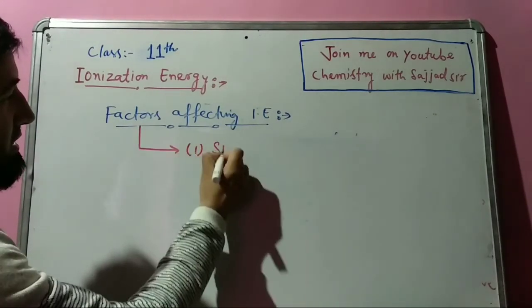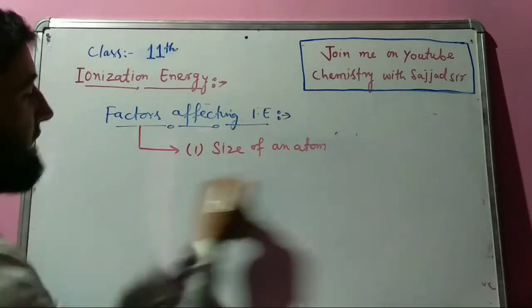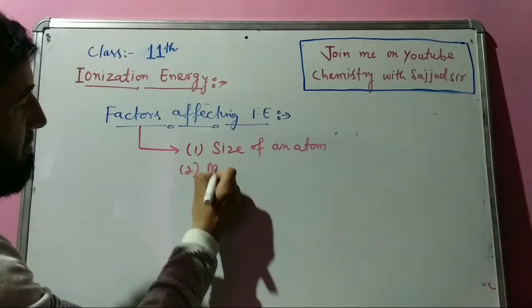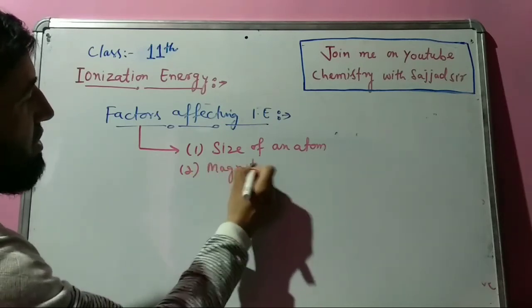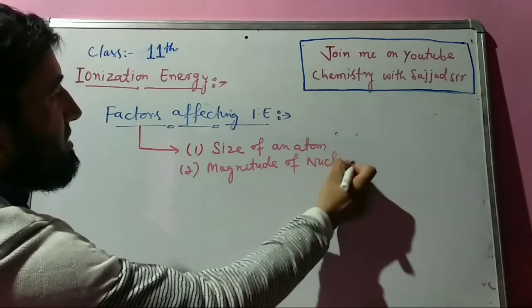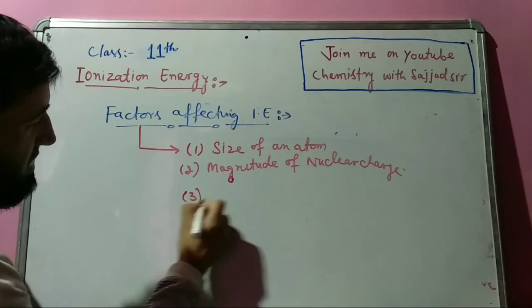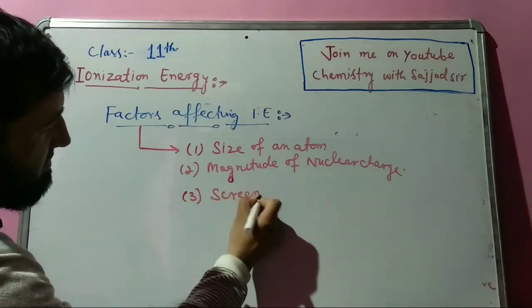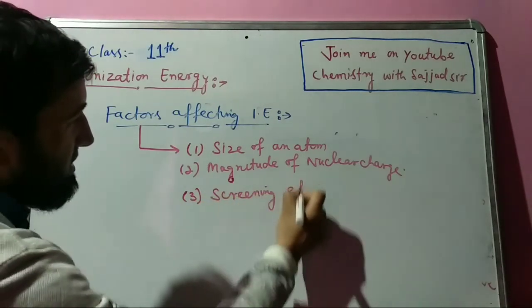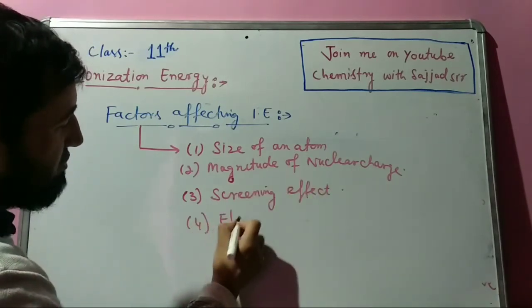That is the size of an atom, and second one is magnitude or amount of nuclear charge. Third one is screening effect, and fourth one is electronic configuration.